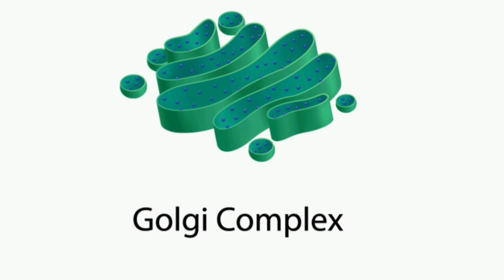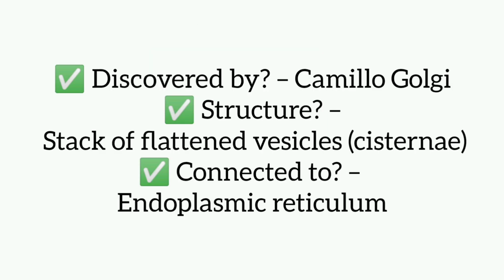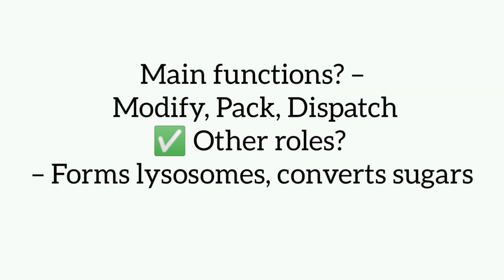So let us quickly recap. Who discovered Golgi bodies? Camillo Golgi. And what is the structure of Golgi bodies? It is a stack of flattened vesicles called cisternae. Then it is connected to which cell organelle? Golgi bodies are connected to the endoplasmic reticulum. And what are the main functions of Golgi bodies after receiving proteins and lipids from the endoplasmic reticulum?